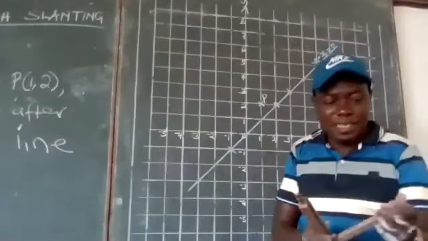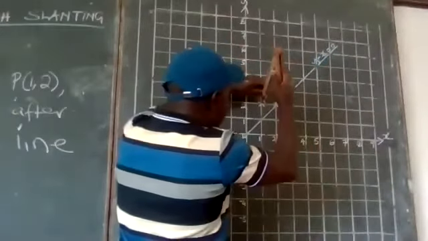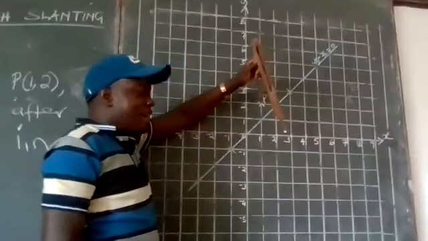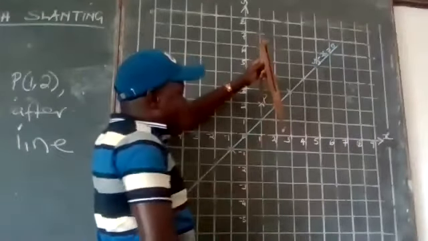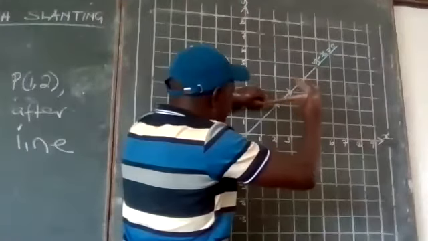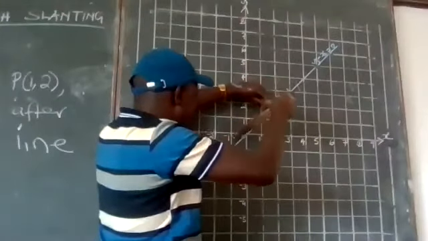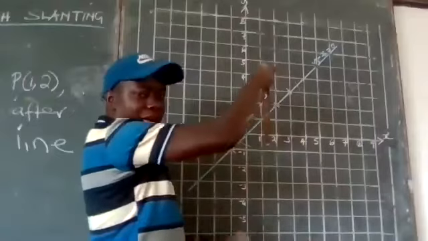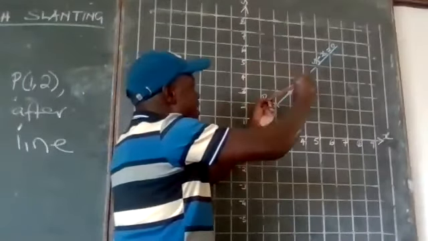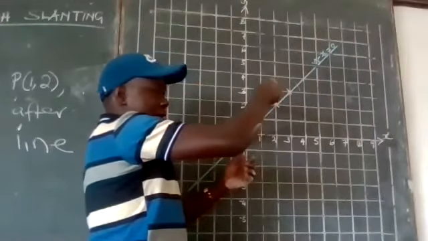I stand at point P, my object. I adjust the compass past the mirror line. I put one arc here and another arc here, two arcs on the mirror line.